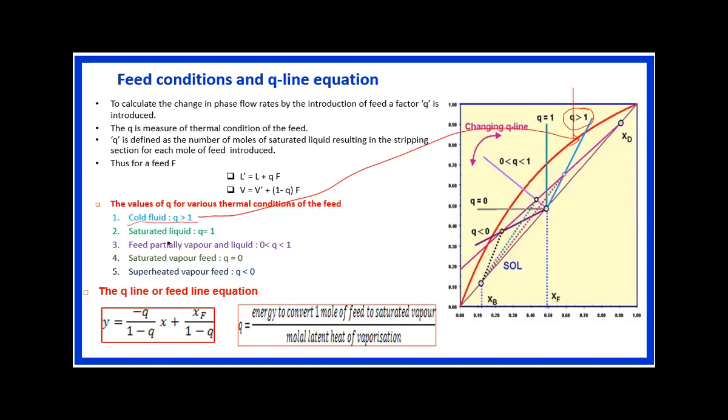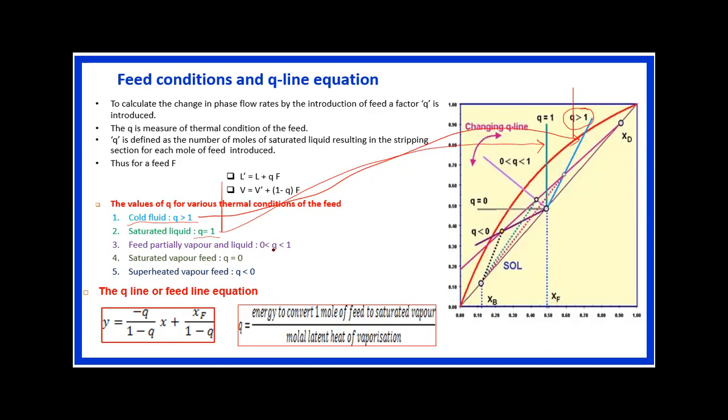In a similar way, this is the saturated liquid condition, that is feed at its bubble point, so the value of q is equal to 1, and that is represented by this green line, a vertical q line which is parallel to the y-axis.